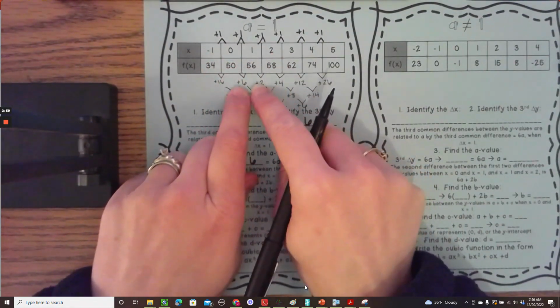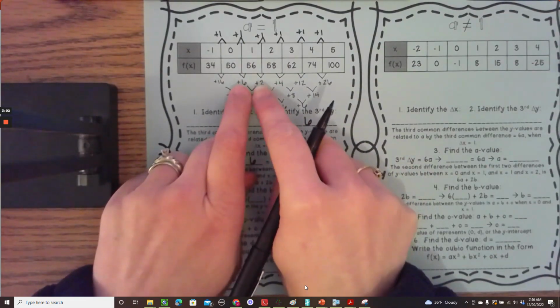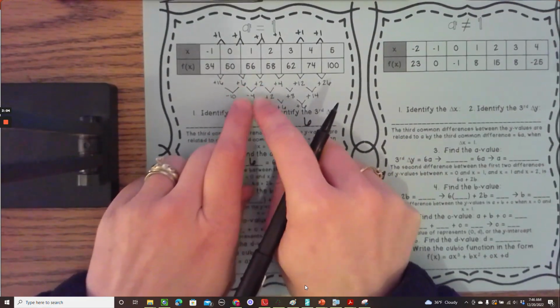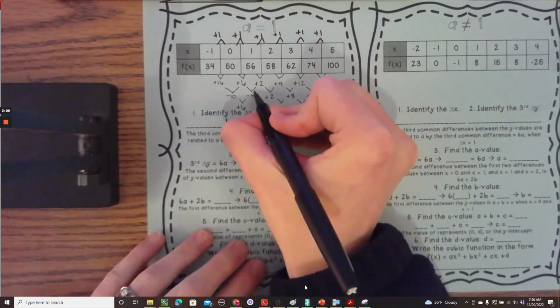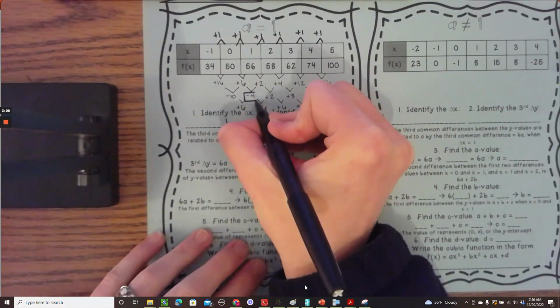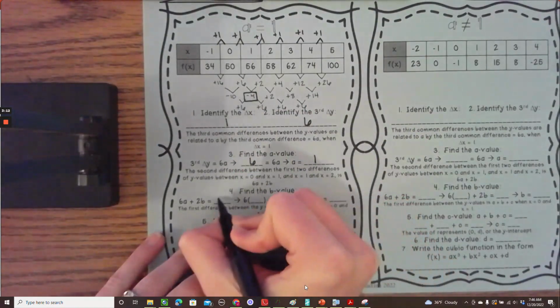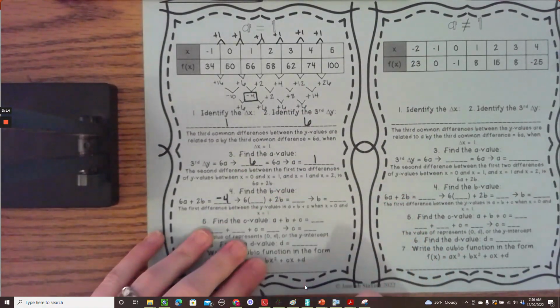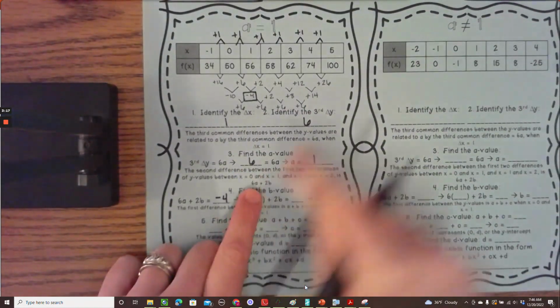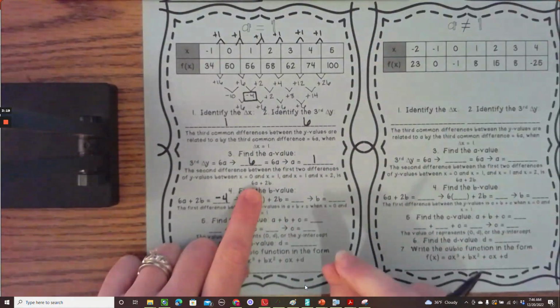Between 1 and 2, that's this value. It wants the second change between these two numbers. So that's this right here. Okay, so that is a negative 4. That's what 6a plus 2b is equal to.